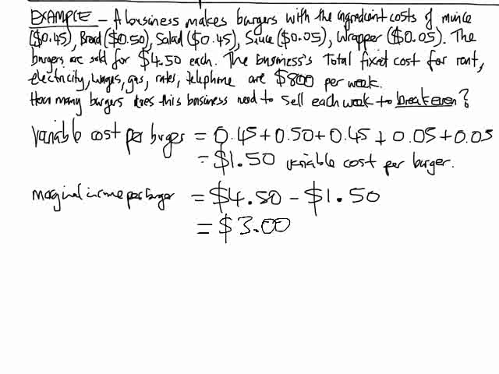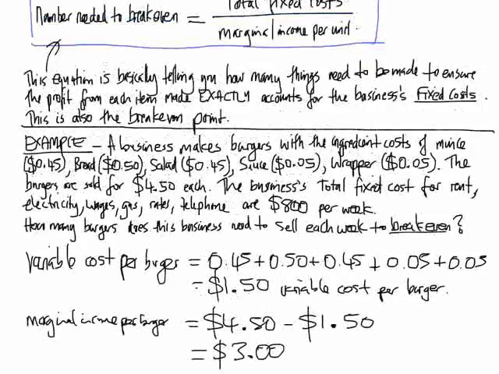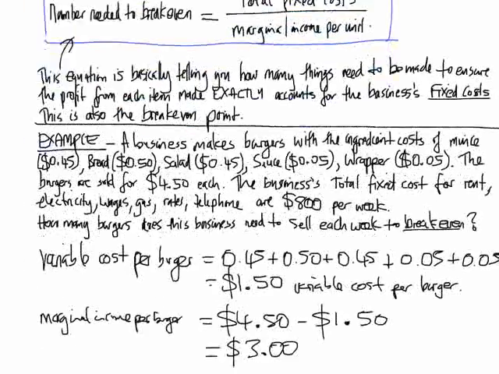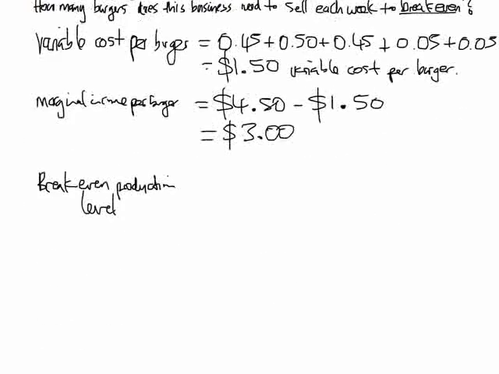And then for break even, the break-even production level, because that's what that formula is working out. How many things they need to make, going with their selling price and their fixed cost, to break even. Break-even production level is going to be, what are their fixed costs?